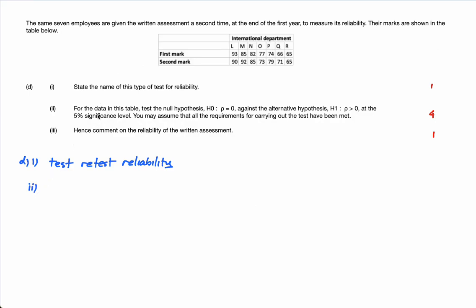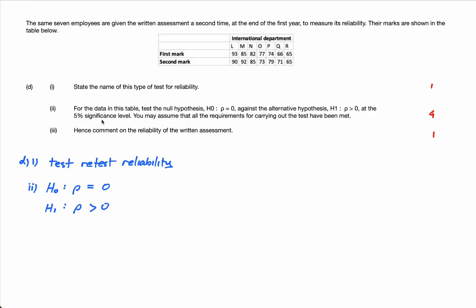2. For the data in this table, test the null hypothesis H0. The null hypothesis is always that rho, the correlation coefficient, is equal to 0. This is in a linear regression t-test, and H1 is that rho is greater than 0.